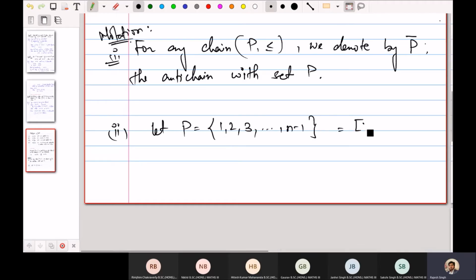Many books also write this as a set of natural numbers from 1 to n minus 1. Sorry, 0 to n minus 1, we take 0 also. So let P equal 0 to n minus 1. Then n, this n is bold n.